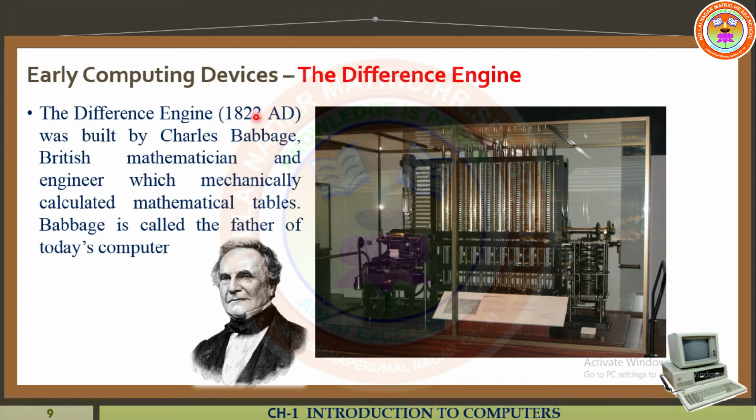This device was introduced by the great British mathematician Charles Babbage in the year 1822 AD. He was also an engineer, and the machine mechanically calculated mathematical tables. Babbage is called the father of today's computer.